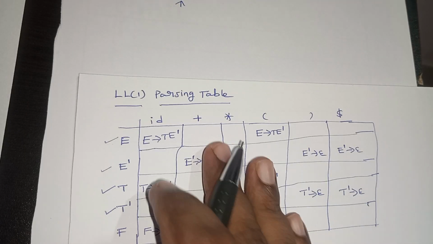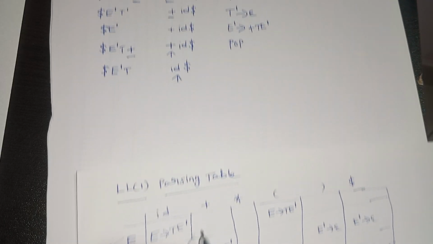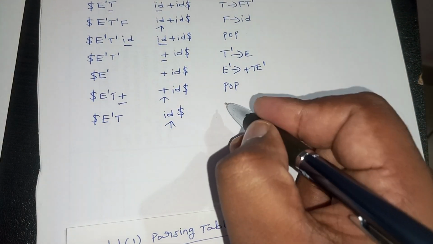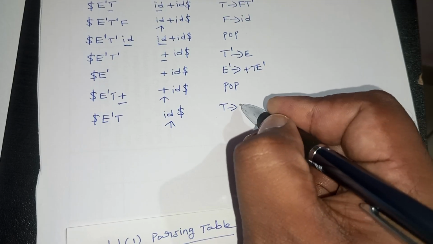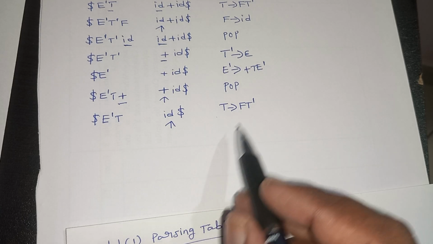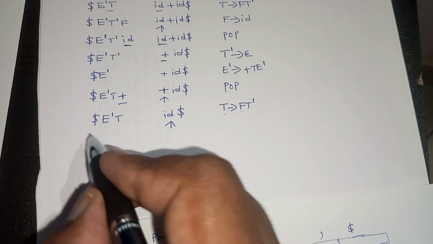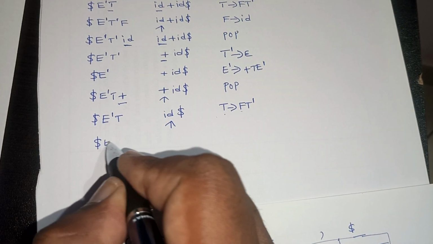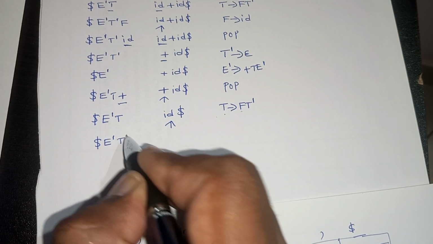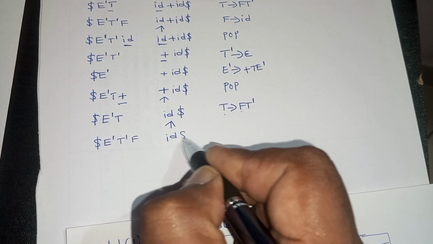What is t on id? So t on id it is f t dash. So t tends to f t dash. In the place of t you write this in the reverse order: dollar e dash t dash f, id dollar.